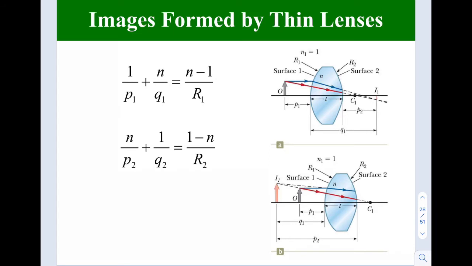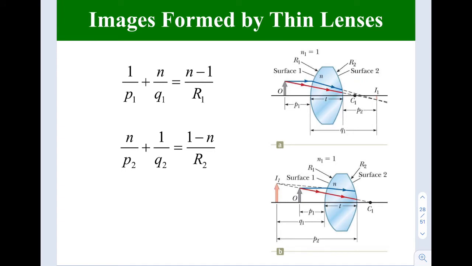Now let's apply equation 35.9 to surface 2. Consider surface 2, at the back here. Remember that n1 is equal to n, and n2 is equal to 1. We make this switch in index because the light ray approaching surface 2 is coming from the material of the lens towards the boundary between the lens and the air.